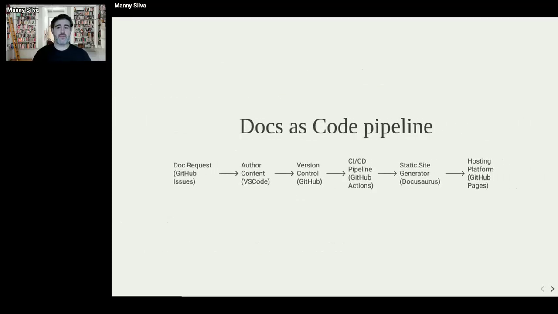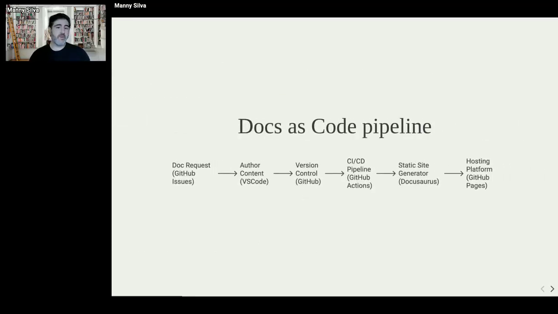So if you happen to be GitHub focused, this example here shows how you might have documentation requests managed in GitHub issues. Content being authored in VS Code, versioned in GitHub, built and deployed via GitHub Actions with Docusaurus as the static site generator, and published via GitHub Pages to actually host the documentation.